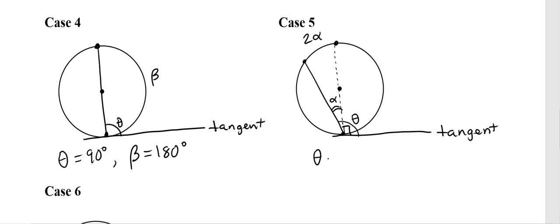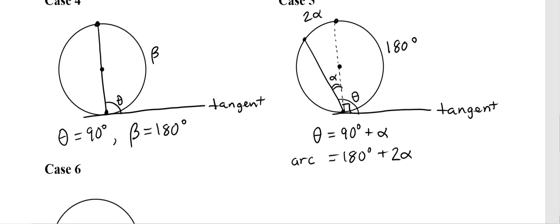Well, the measure of theta in this case is 90 degrees plus alpha, and the arc it intercepts comes from 180 degrees plus 2 alpha. And that's exactly twice the inscribed angle.